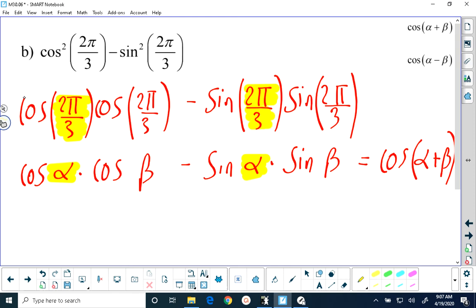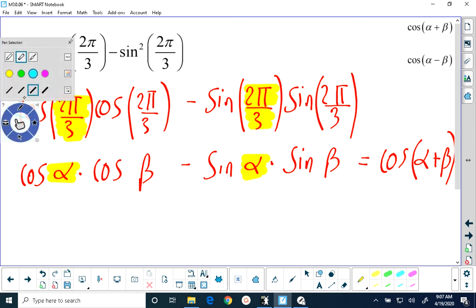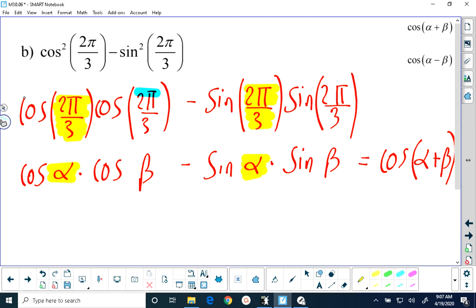And it turns out that beta also happens to be 2 pi over 3. So alpha and beta are both the same angles. But it doesn't change the fact that cos alpha cos beta minus sine alpha sine beta is equal to cosine of the sum of the two angles.